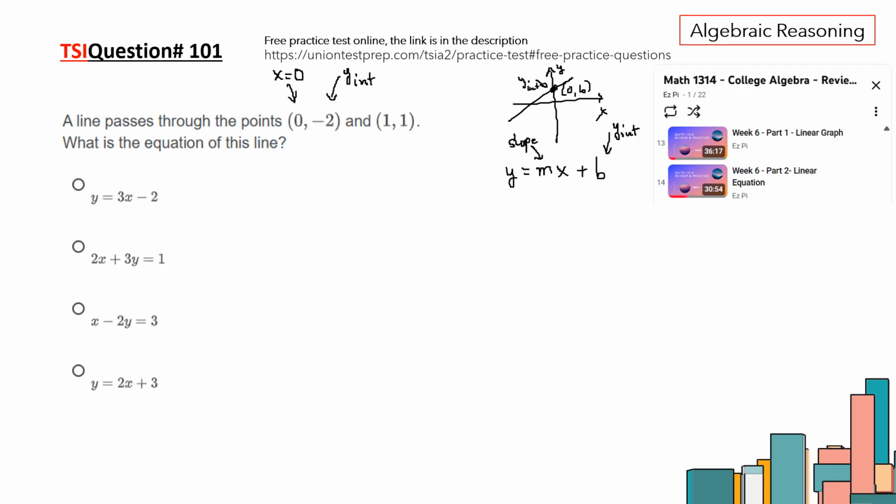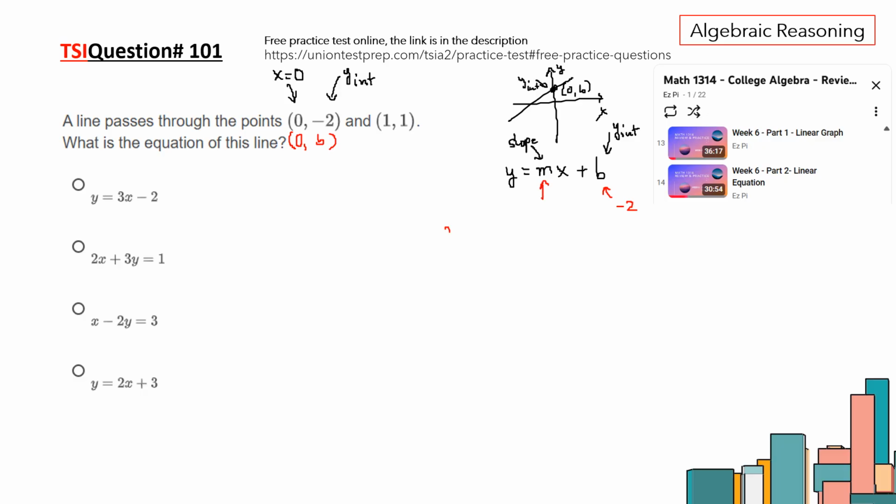Okay, now we have the y-intercept. The value of b is -2. This is (0, b), so b is -2. Now your job is just to find the slope m.